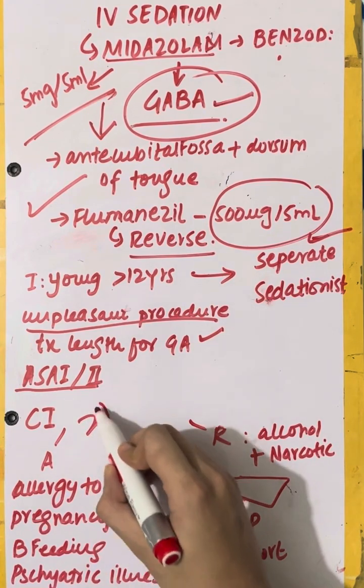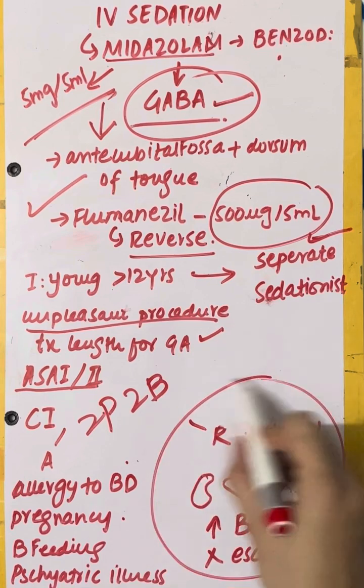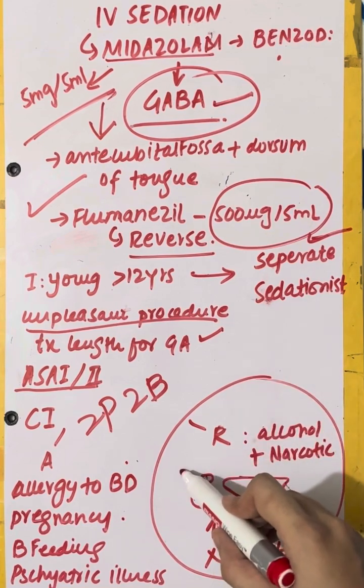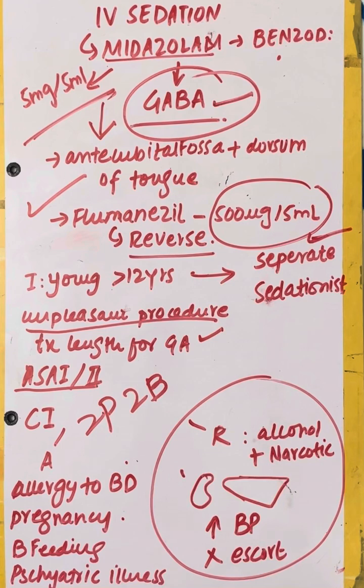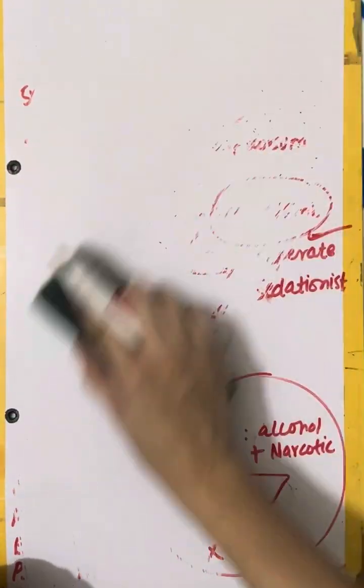The relative contraindications are if the patient is alcoholic or narcotic dependent, if there is hepatic or renal impairment, if there is increased blood pressure, or if the patient does not have any escort. So these are the indications and contraindications of IV sedation by midazolam.